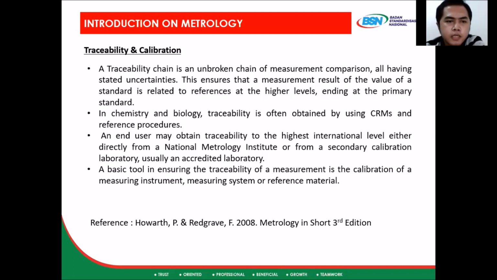In chemistry and biology, traceability is often obtained by using CRMs, certified reference materials, and reference procedures. An end user may obtain traceability to the highest international level either directly from an NMI, National Metrology Institute, or from a secondary calibration laboratory, usually an accredited laboratory.